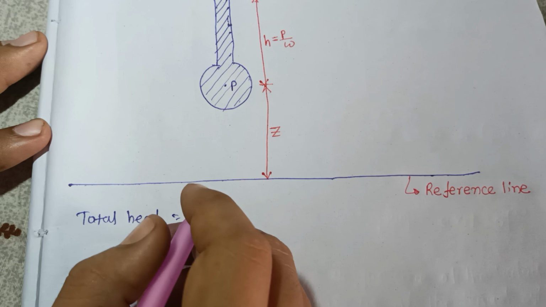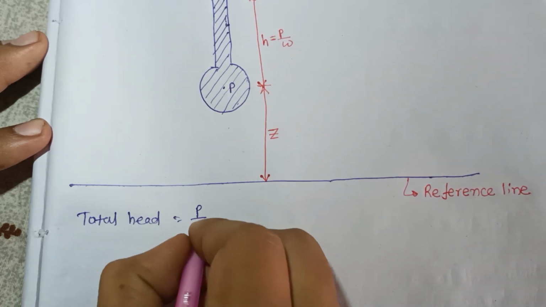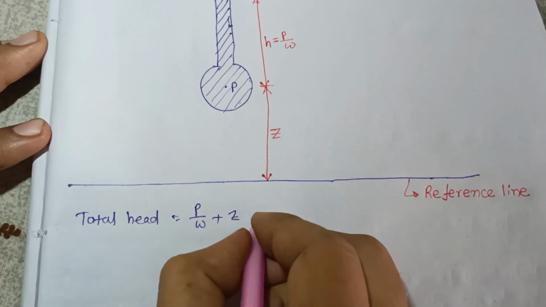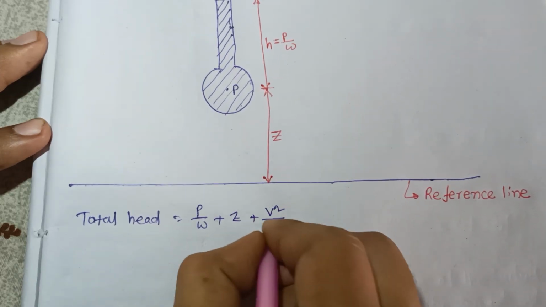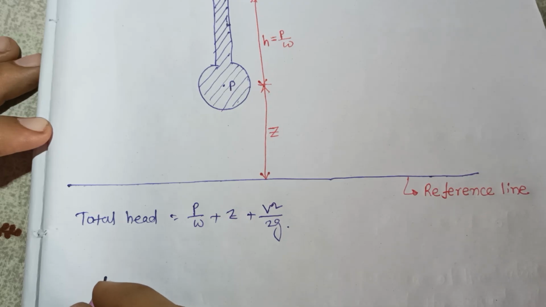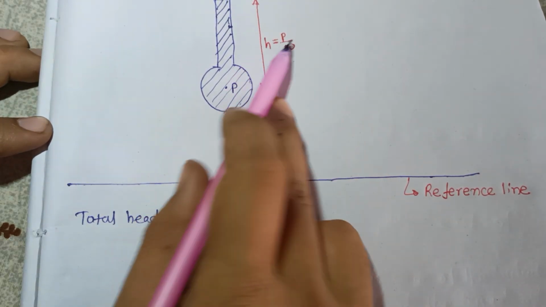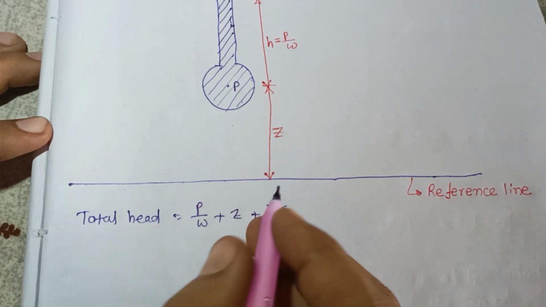So we know that the total head is p by omega plus z plus v square by 2g. And if you want to calculate the piezometric head, for that case z plus h, so p by rho g plus z.